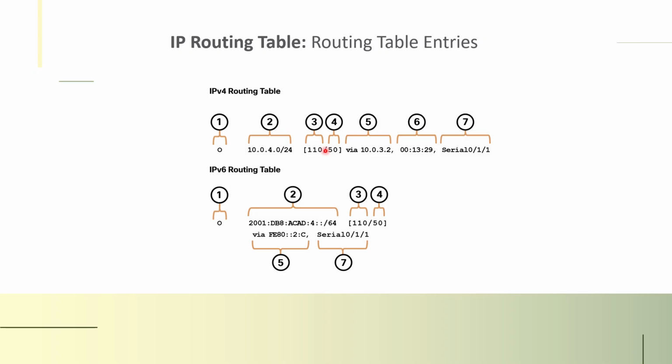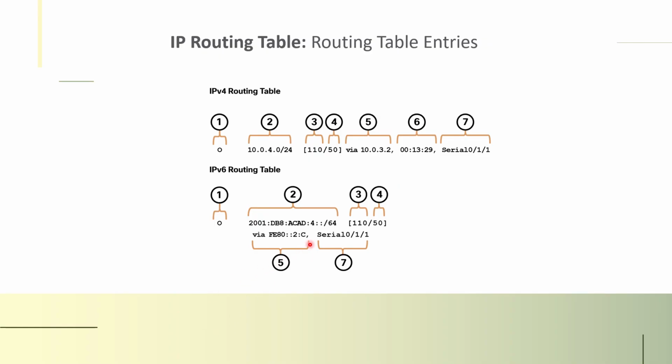And then there is the next hop, which is the IP address of the next router in the path to the destination, the time when it was learned in the routing table, and every time it makes updates. And then we have the outgoing interface, which is the physical port on the router where the packet leaves.